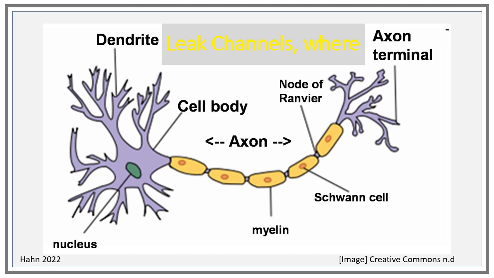We also looked at voltage-gated sodium and potassium channels, which were present at the nodes of Ranvier along the axon, and we looked at a ligand-gated channel that would be at the adjacent end or across the junction of an axon terminal. Let's turn our attention to structure.